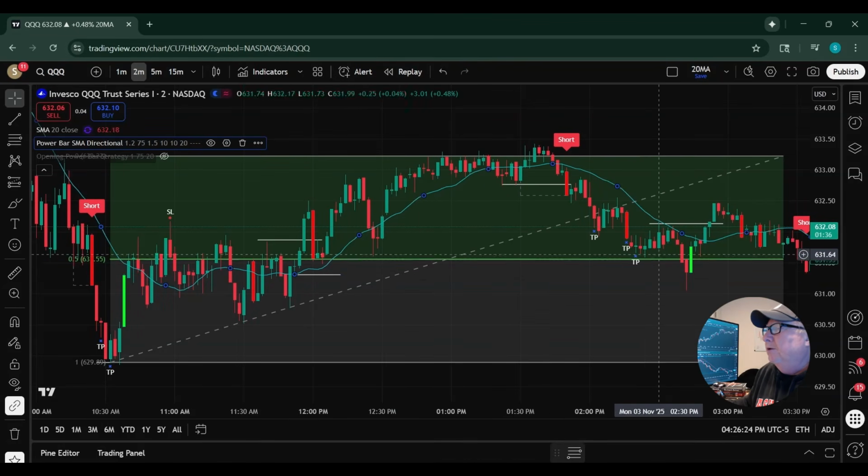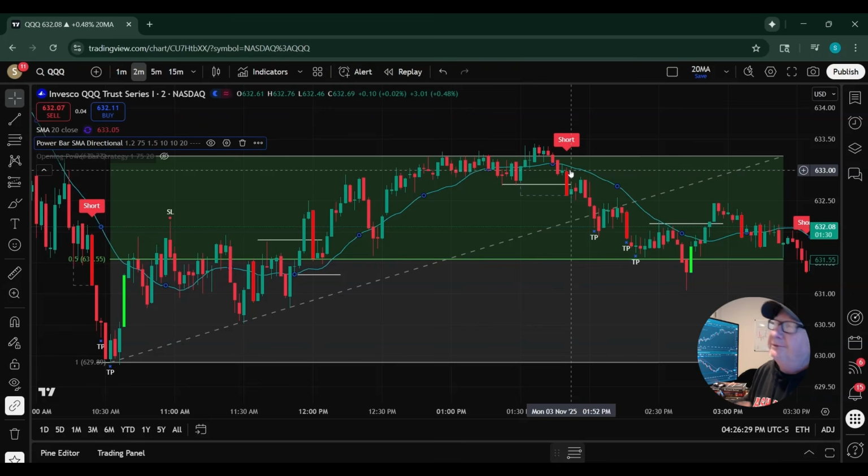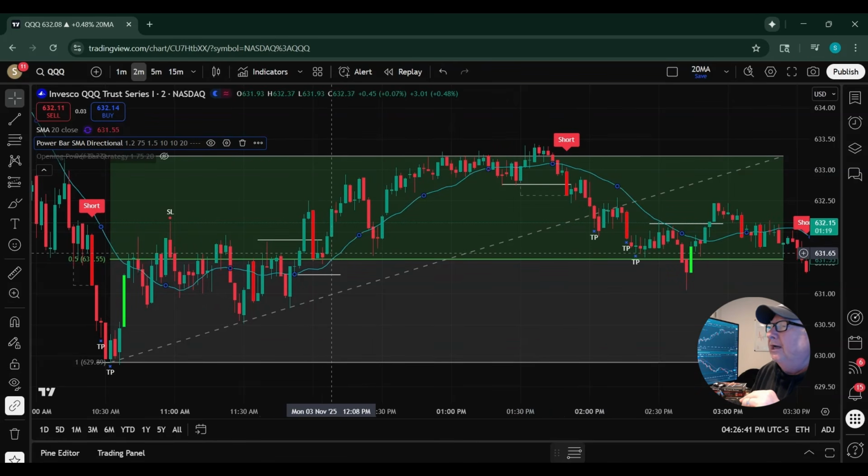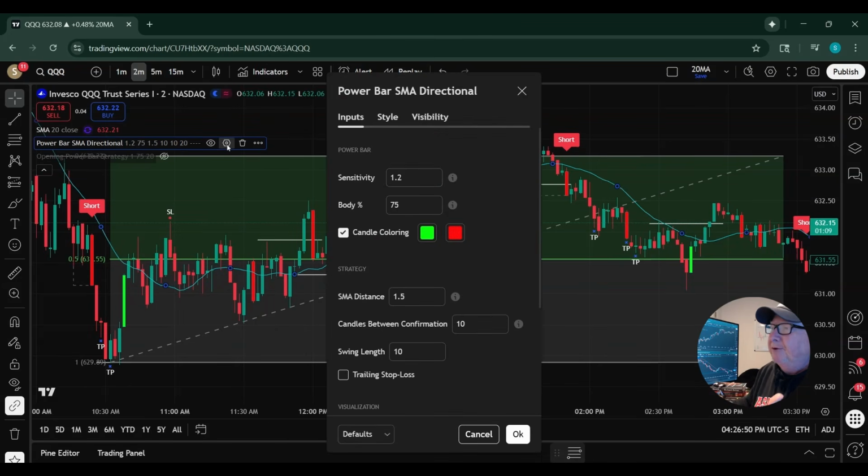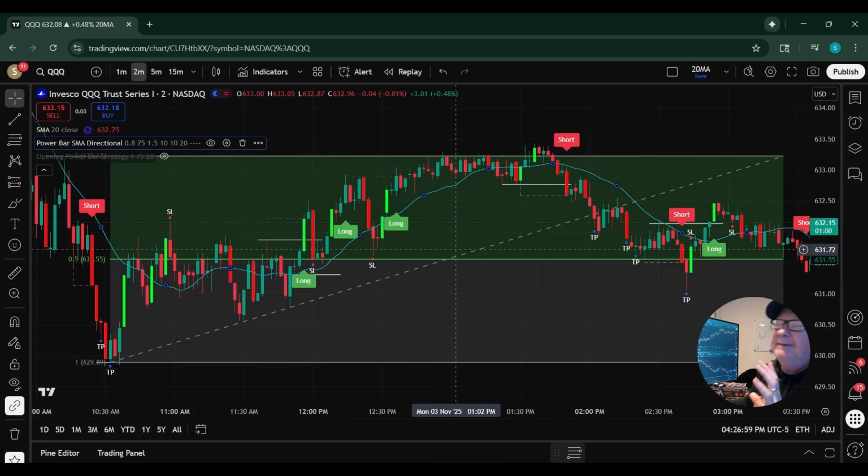You don't get this short. You don't get this long. You only get this short, which in this case happened to be the one that was good near the range top, and also was a larger power bar than these others when they fired off. So again, if you're using the indicator, that's how you adjust it in chop: just bump up that sensitivity from 0.8 to 1.2.